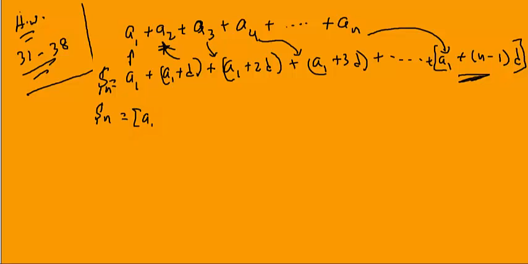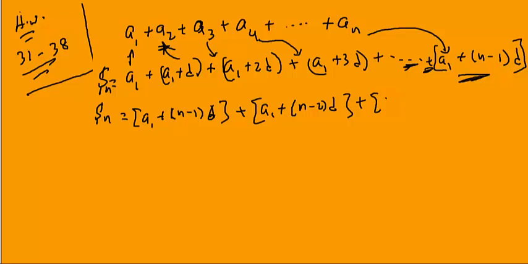So you're going to have a sub 1 plus n minus 1 difference, and then the one before that would be a sub 1 plus n minus 2 difference, and then the one before that would be a sub 1 plus n minus 3 difference, plus dot dot dot, and then the very first one is going to be just a sub 1.